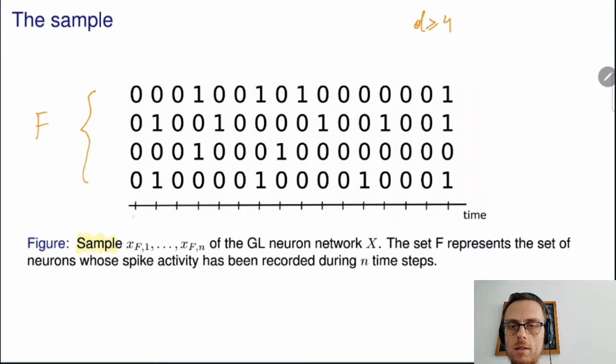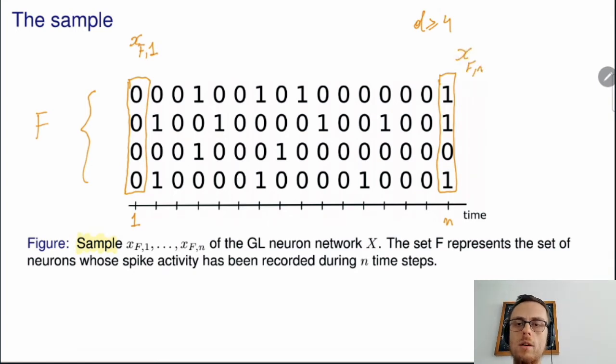So imagine that this is time 1 and this is time n. Okay? And so this configuration here is what I mean by X_F(1). So this is the notation. And for instance, this last configuration here is X_F(n). Okay?